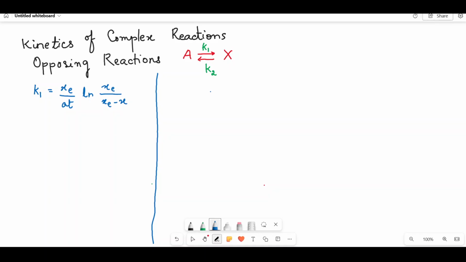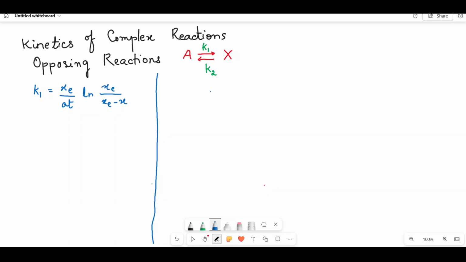The concentration of X can be determined at different times before reaching the equilibrium to get the value of X. The value of Xe can be obtained by measuring the concentration of X, that is the products, after attaining equilibrium.